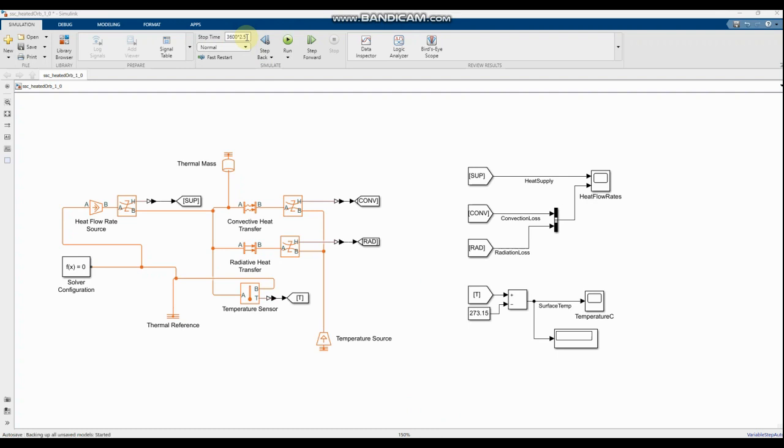And if you can remember, I told you this in lecture 5 or 6 that stop time or simulation runtime is something you have to figure out by yourself based on what you want to see or what you expect to see and the physical characteristics of the system.